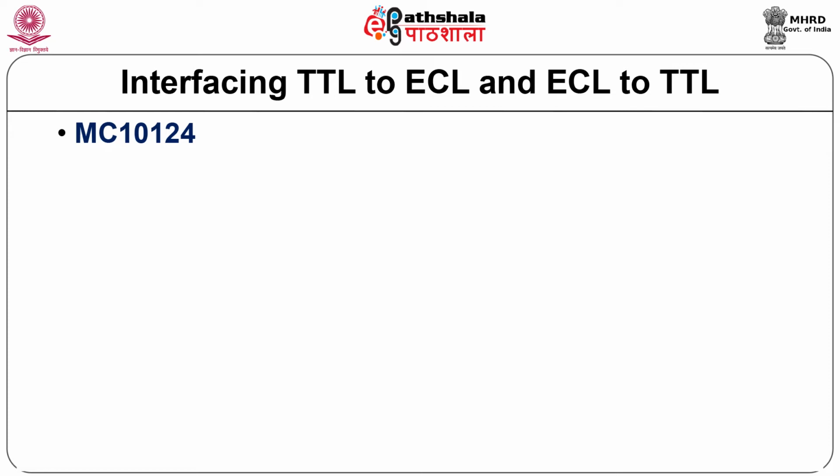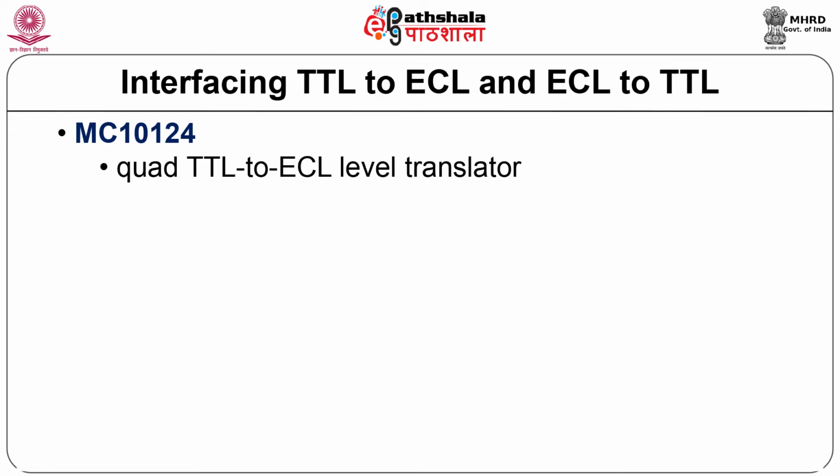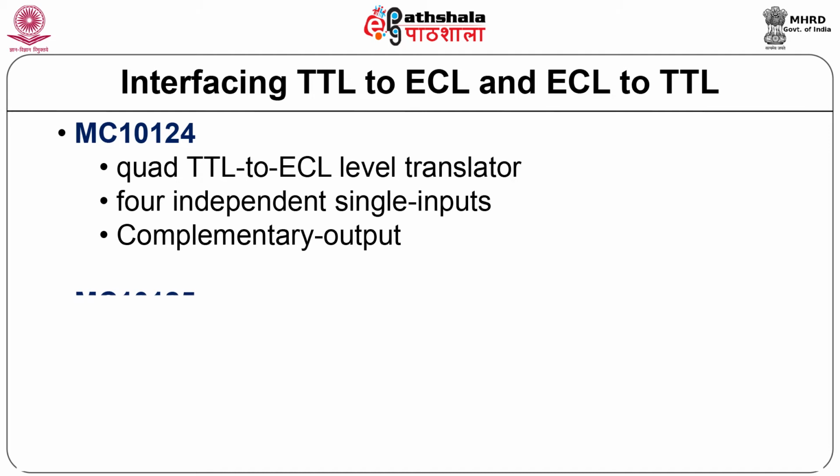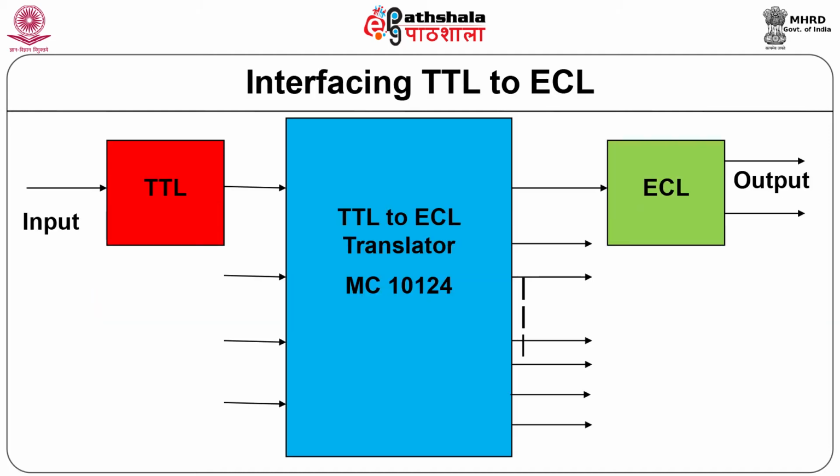MC10124 is one such quad TTL to ECL level translator. It consists of 4 independent single input and complementary output translators inside the chip. The figure shows a TTL to ECL interface using MC10124.